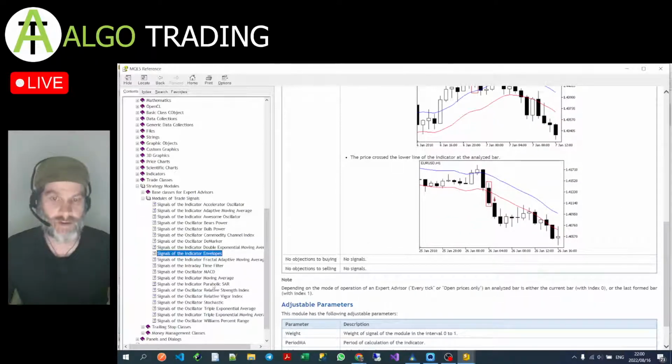So play around, try adding, but I wouldn't add more than two. If you add a whole bunch, it's just not going to make sense. If you do some sort of mean reversion strategy, add one moving average or some sort of trend following system and a mean reversion system. If you are doing trend following, I wouldn't go more than 2.